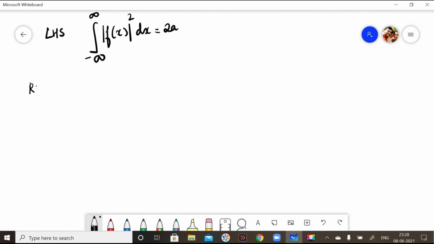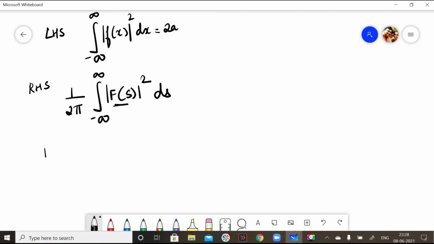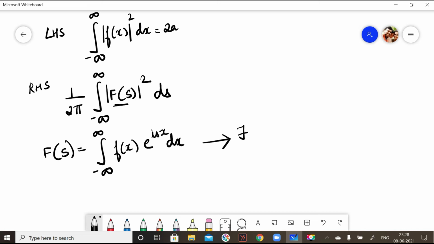My RHS is 1 by 2 pi integral minus infinity to infinity modulus of F of s the whole square ds. Okay, so first what I should do, I should find out F of s. So how do I find out F of s? F of s is equal to integral minus infinity to infinity f of x e to the power i s x dx. So what is this? This is the Fourier transform formula.